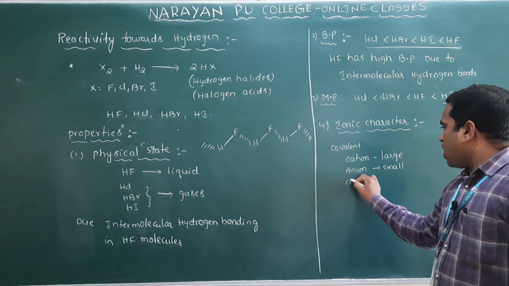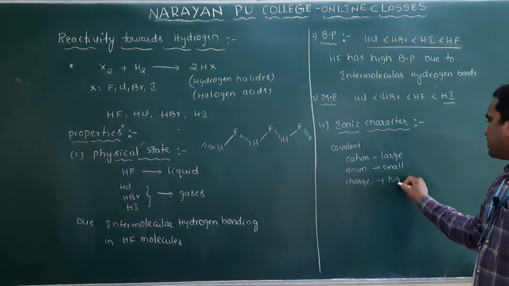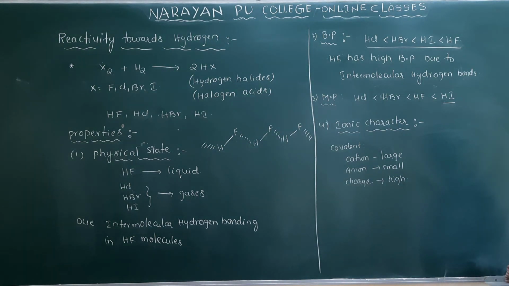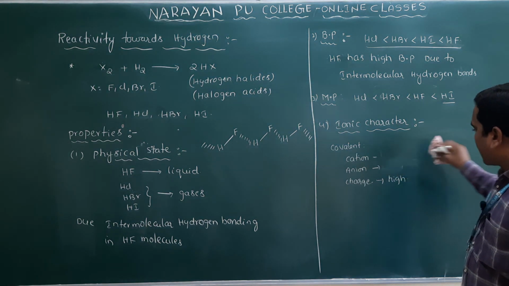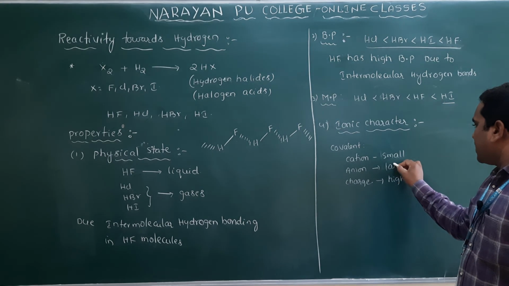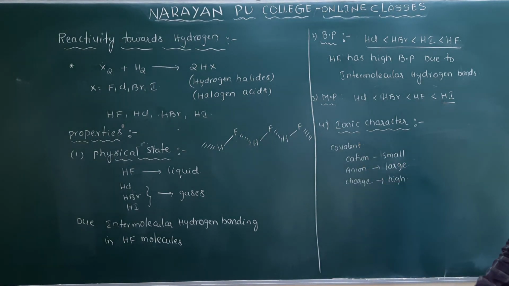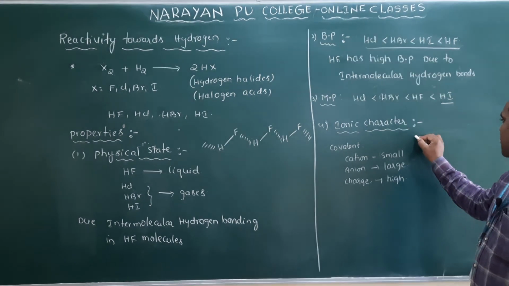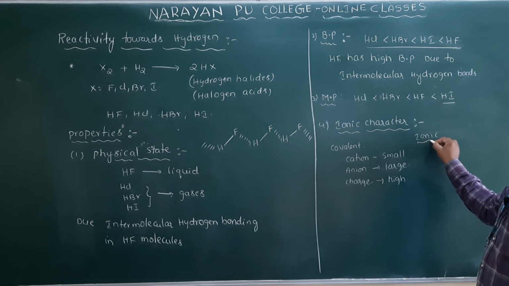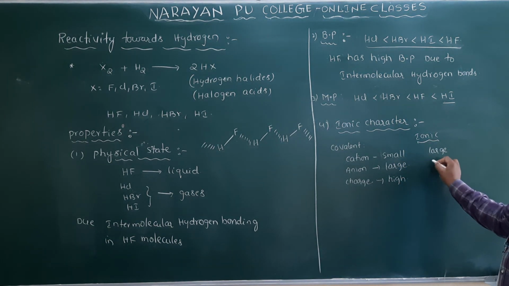Clear? And the charge should be high. So for covalent character, the cation should be small, the anion should be large, and the charge should be high. For ionic it is reverse: the cation should be large, the anion should be small, and the charge should be low.